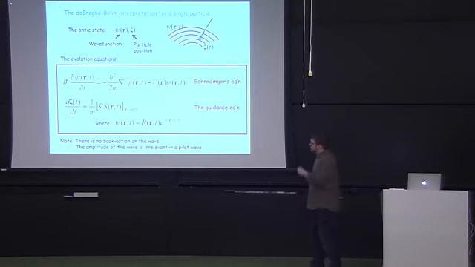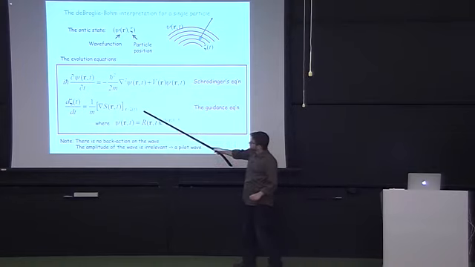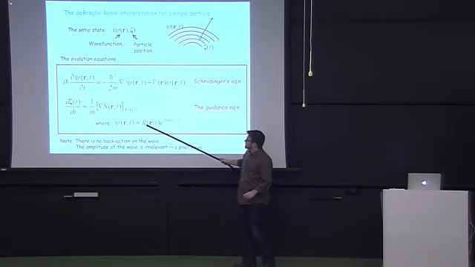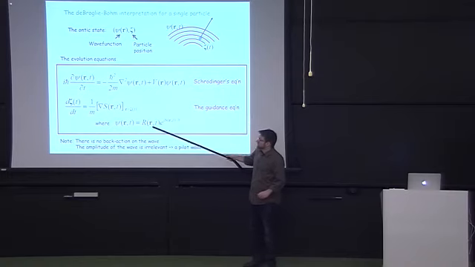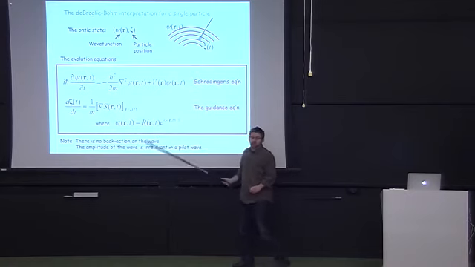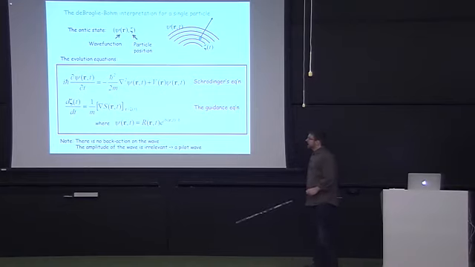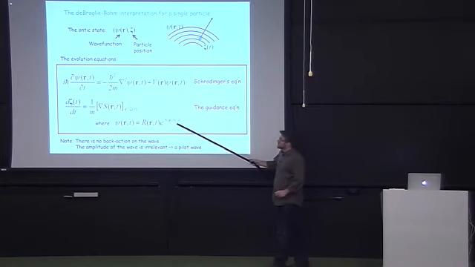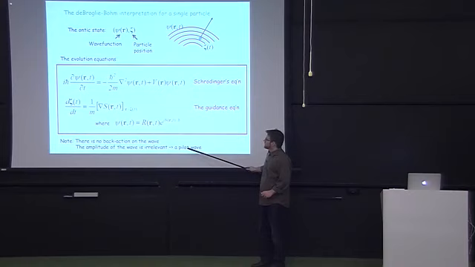The second thing you might notice is that this guidance equation for the Bohmian position doesn't depend at all on the amplitude of the wave function. It depends only on the phase. And so if I change the amplitude in some region without changing the phase profile, that won't affect the velocity of the particles or how they move. That fact about the dynamics has led people to call the role of the wave function in guiding the particle a sort of pilot wave role.